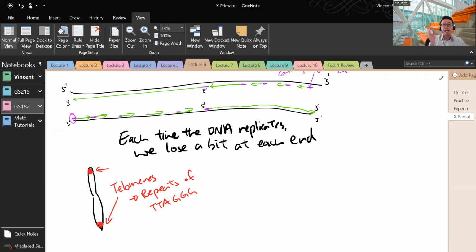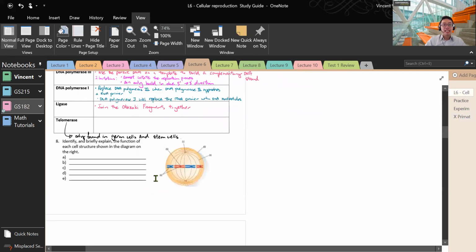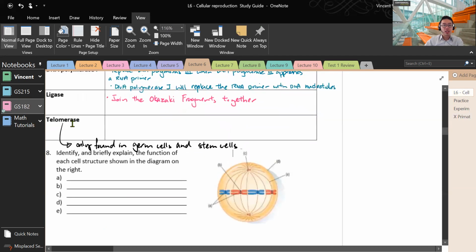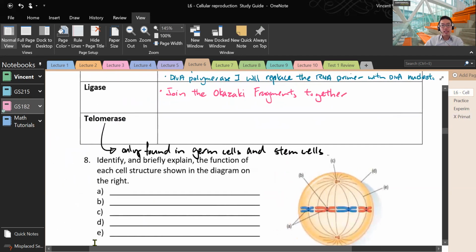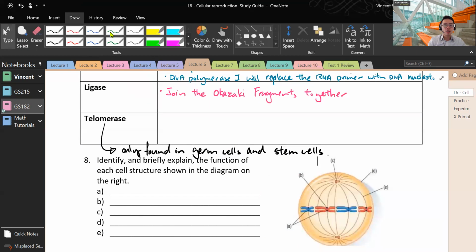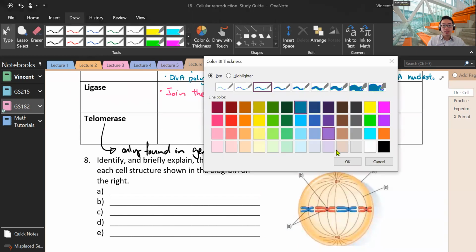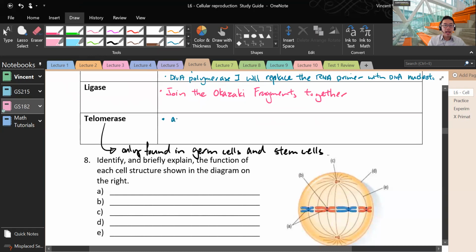Which is why in the germ cells, the cells that are going to become the sperm and the egg, there is an enzyme called telomerase. Okay, so telomerase, normally speaking, should be activated only in germ cells as well as stem cells. Their function is to add TTAGGG to telomeres, right?